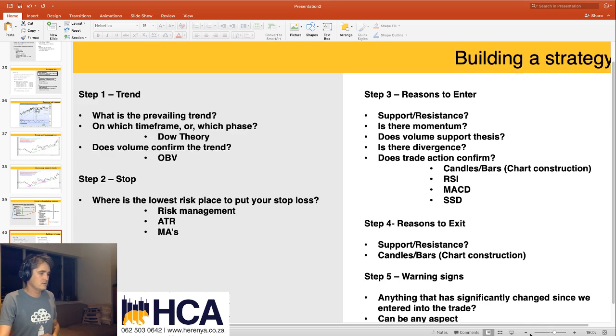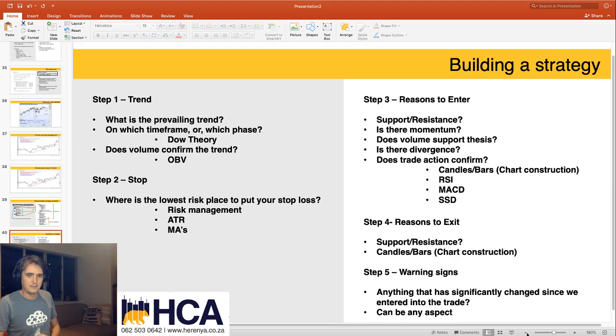So step one, we need to identify the trend. We have to find out what is the prevailing trend. Here we look at the Dow theory stuff: primary, secondary, tertiary trend. We want to identify those. Which time frame or which phase is the trend currently in?